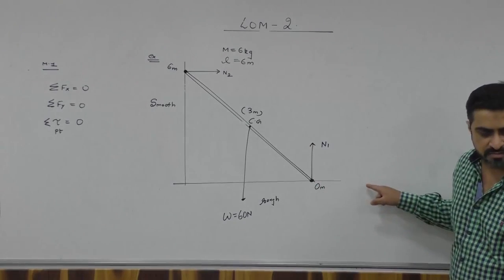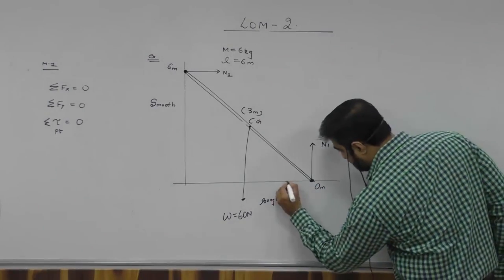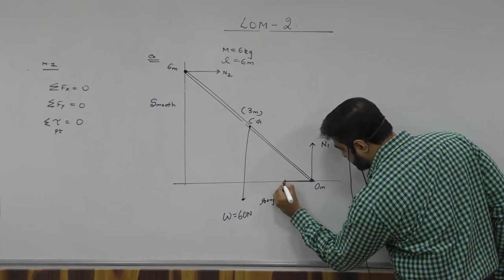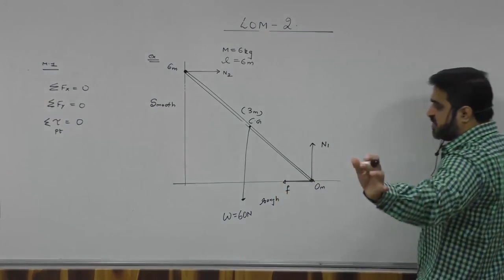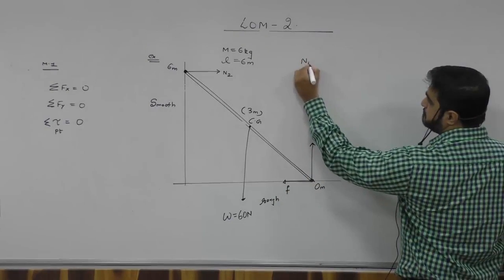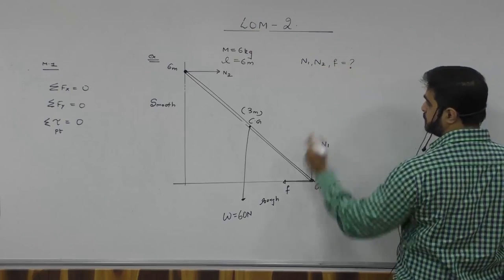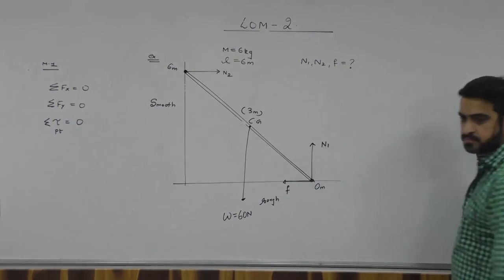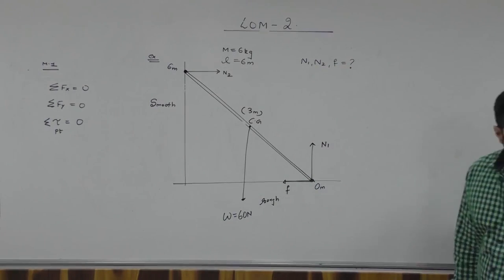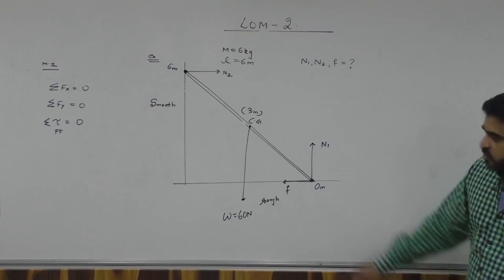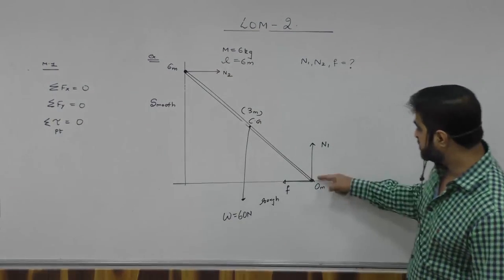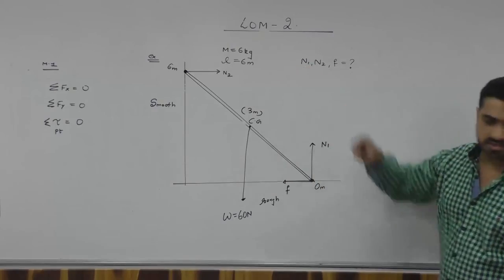Intention of motion is this way. Friction will be this way. So we need to find N1, N2 and F, right? Intention of motion is here. There is no friction here, it's smooth. So this friction and this normal reaction is holding the whole system.